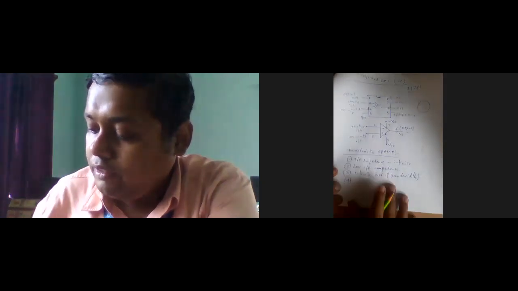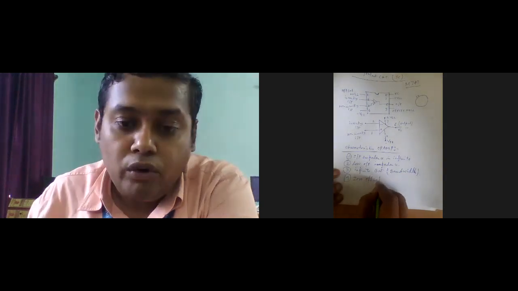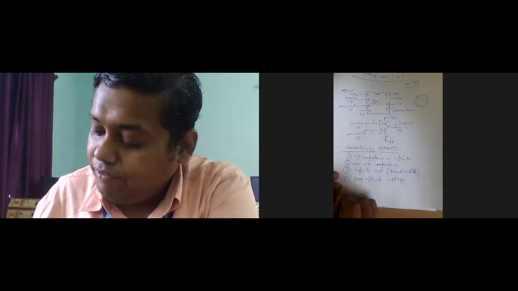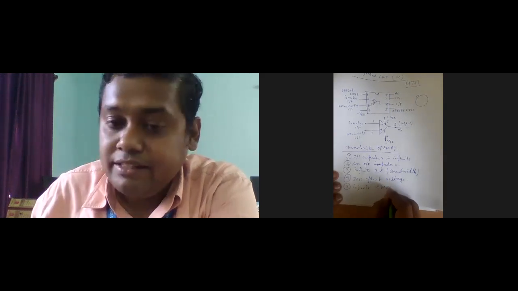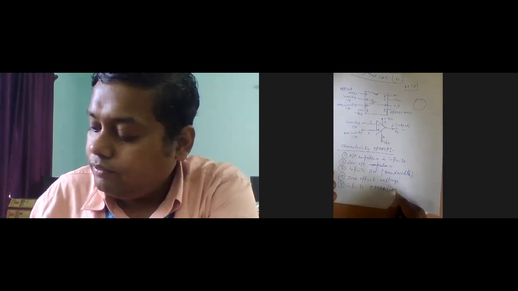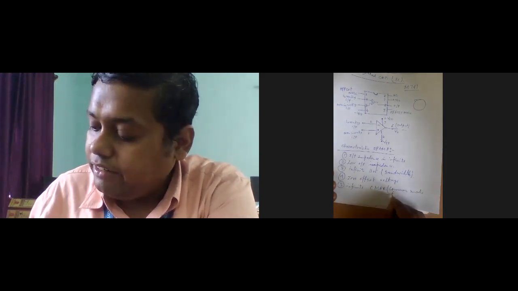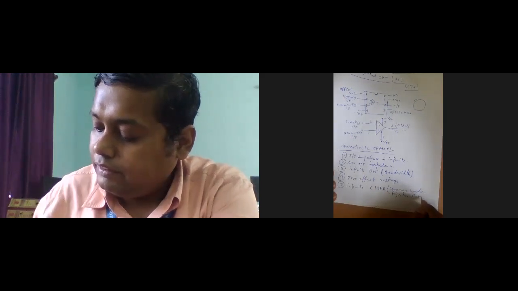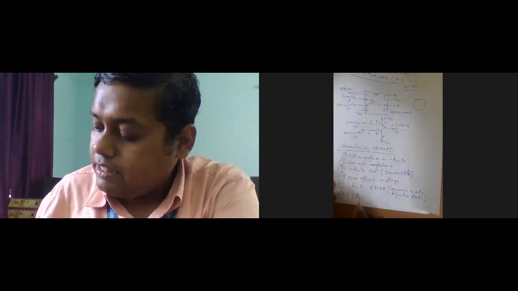Number 4, zero offset voltage. What are offset voltage and current? We will discuss again. Number 5, infinite CMRR, that is common mode rejection ratio. Number 6, infinite slew rate.